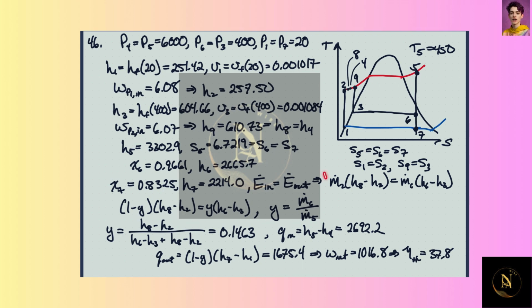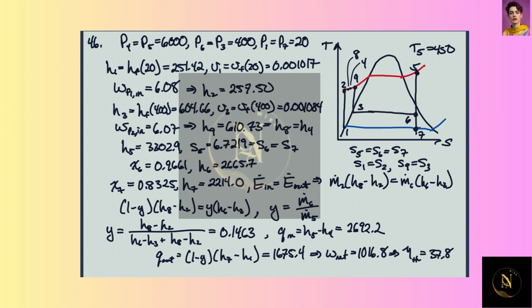Yep. So this is the feed water heater. Again, we have kind of a cross flow system. So we have enthalpy here and here, and then the enthalpy here and here. Basically, this is where they're crossing. In the feed water heater.